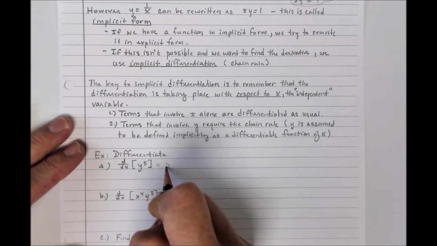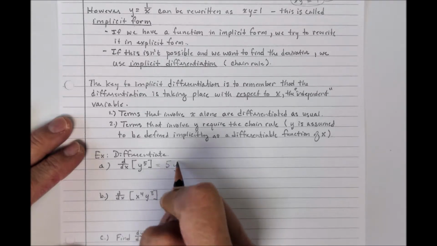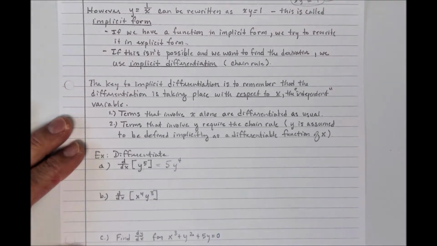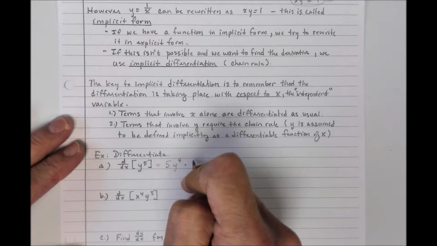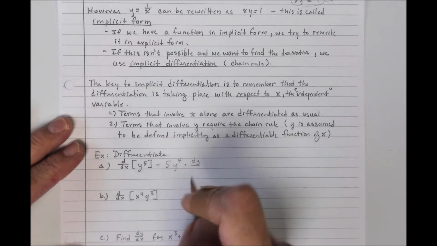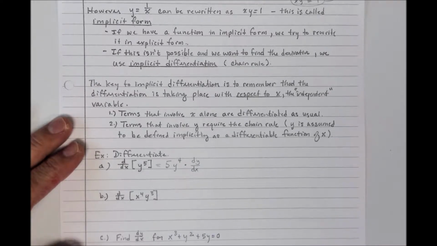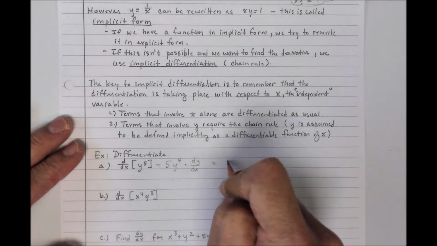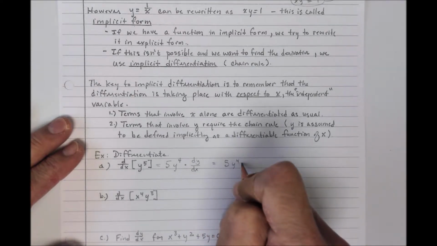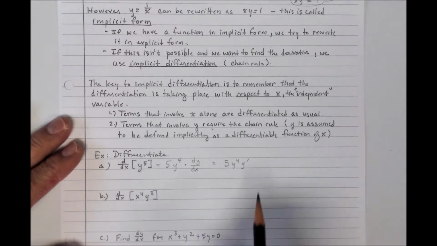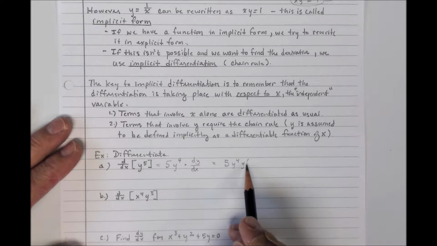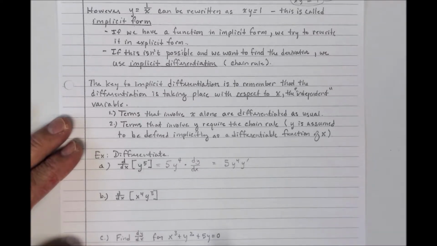That would be 5y to the 4th power, subtract 1 from the exponent, but then we'd have to multiply it times the derivative of y with respect to x, which we would just write as dy/dx. Some people write y prime. That's okay. Just be careful, because if you have a really messy expression, all of a sudden y prime starts to look like y to the 1st or something like that. But either way, I prefer to use Leibniz notation.